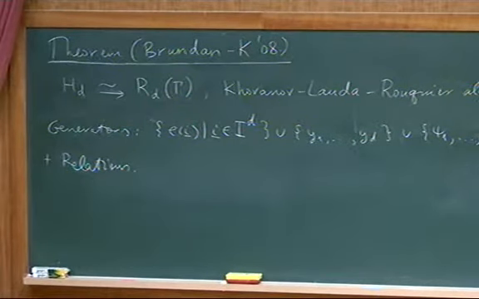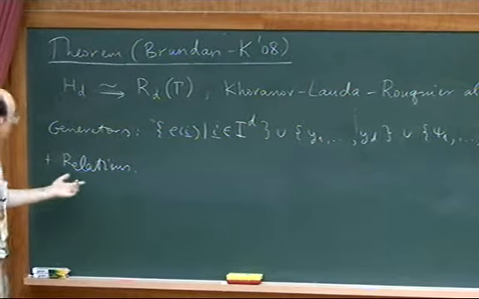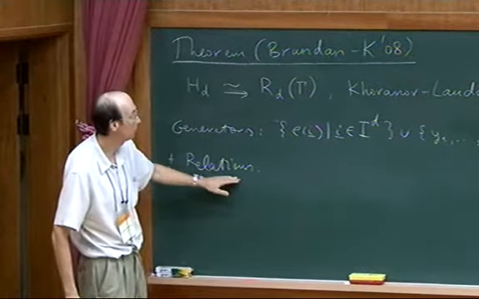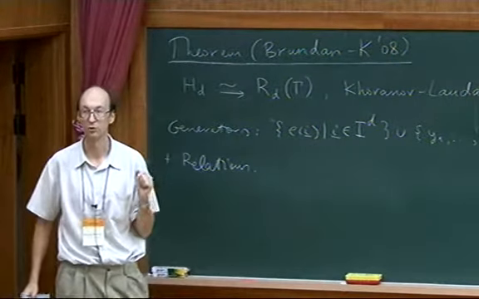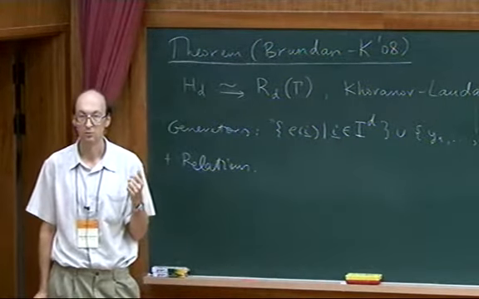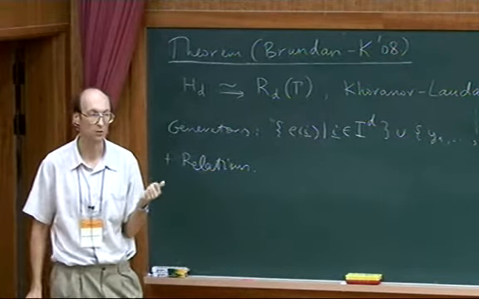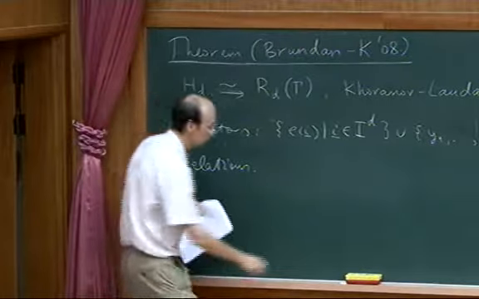But let me draw your attention to one thing: these relations are remarkable in many respects, and I don't have time to comment on that today. But for example, they don't involve the parameter of the Hecke algebra. So these relations are written over integers. In fact, only plus minus 1 appears as a coefficient, which is truly remarkable in a sense.